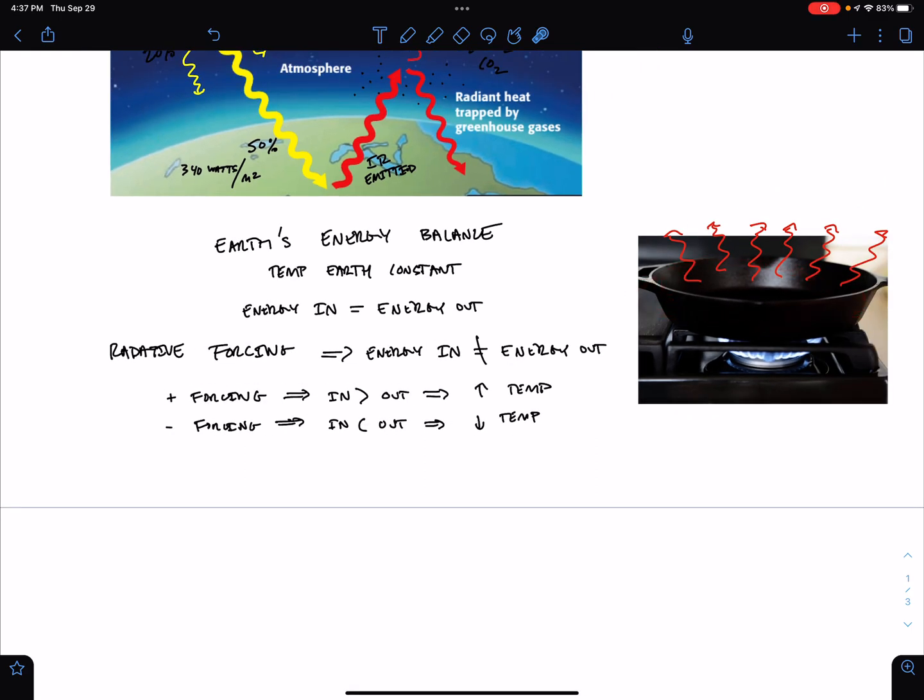It's at a constant high temperature of hot. Don't touch it. Okay, we turn the stove off. Now, the energy out is greater than the energy in. And what's happened? The temperature is decreasing. The pan is emitting more heat than it's receiving from the stove. And we have a negative forcing.